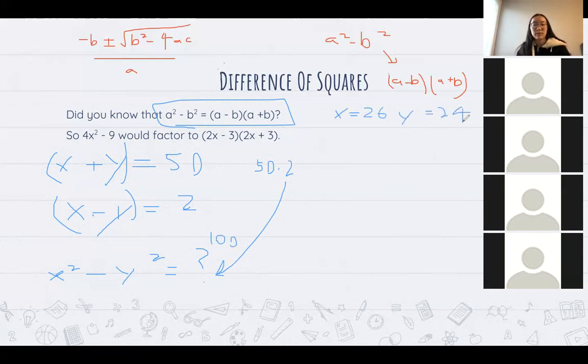So what is x squared minus y squared? 26 times 26 is, I believe, 676. And 24 squared should be 576. Yep. And so then the difference is going to be 100, like we got using 50 times 2.